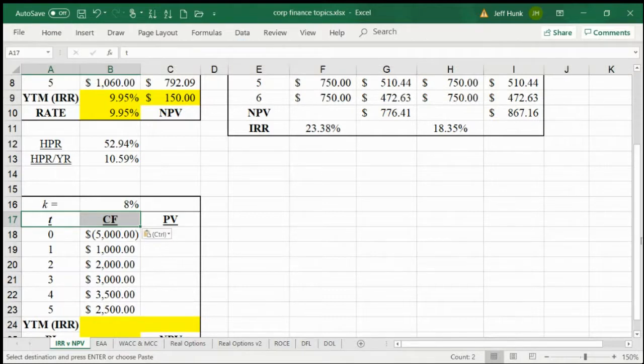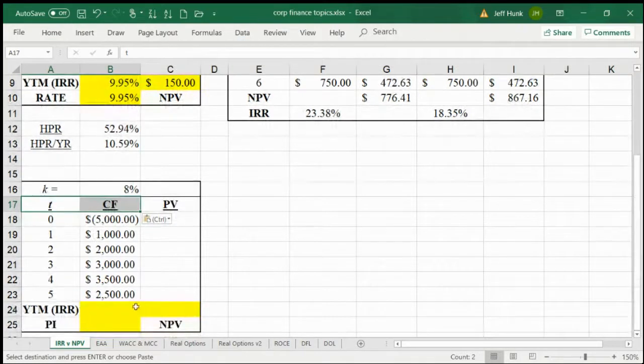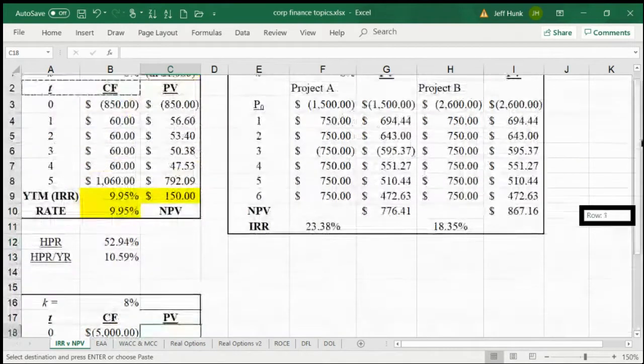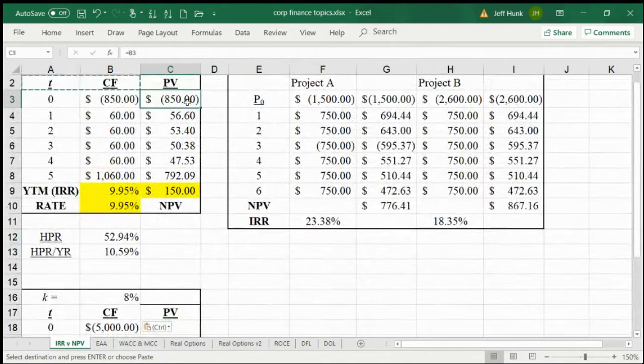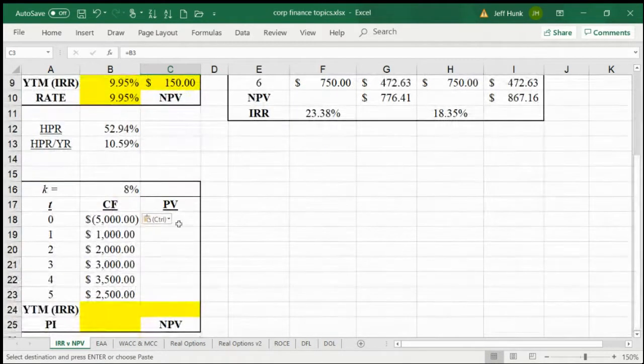And just like before, since we built it already here, all you need to do is present value. And of course, the present value at time 0 is the same thing. You don't have to do anything, but just to keep the formula consistent, let me do this.